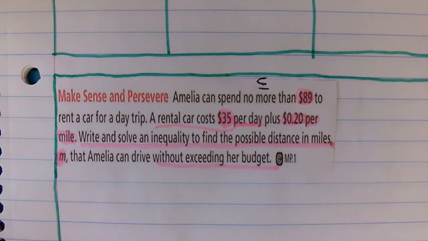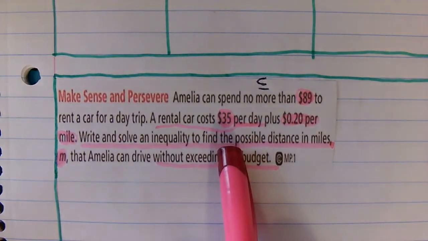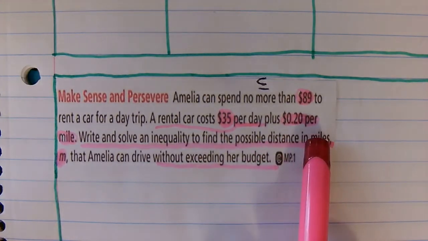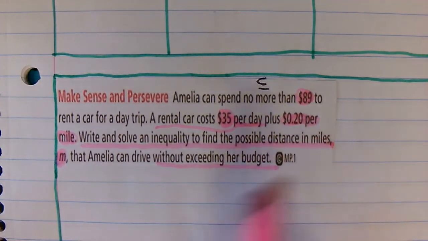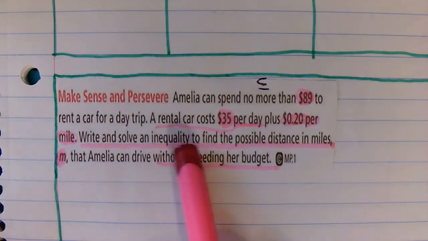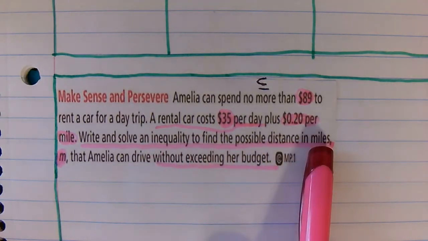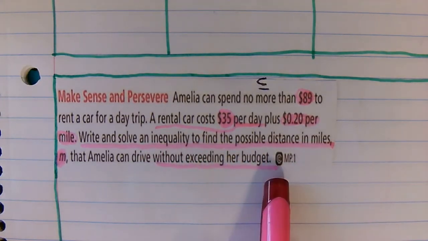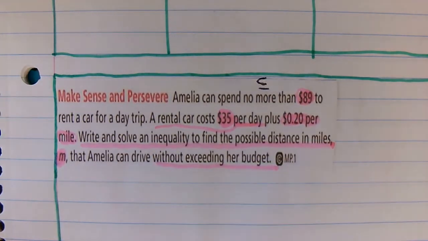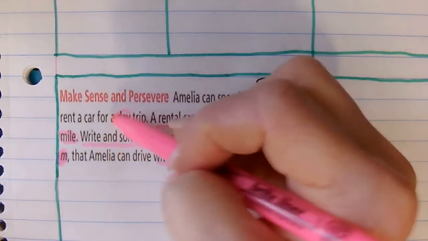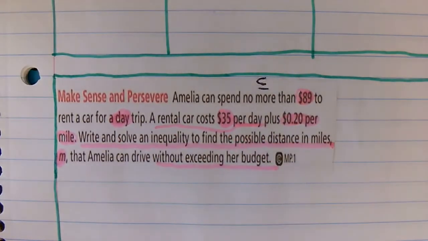Alright, so let's see here. We have per day, and then 20 cents per mile. And this is for a day trip, so that means the 35 is just going to happen once.